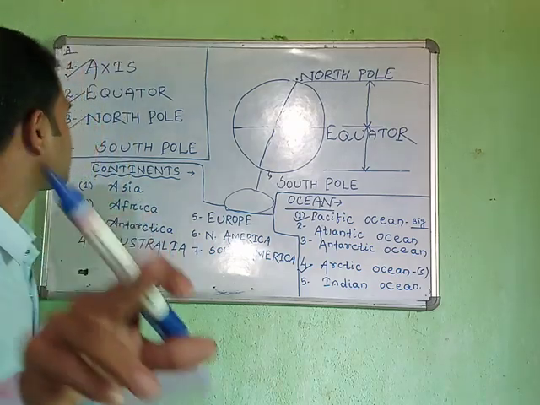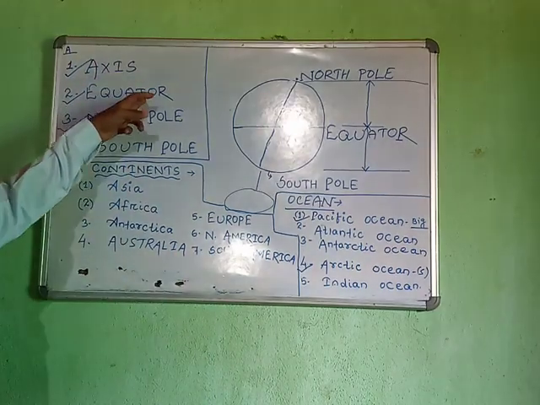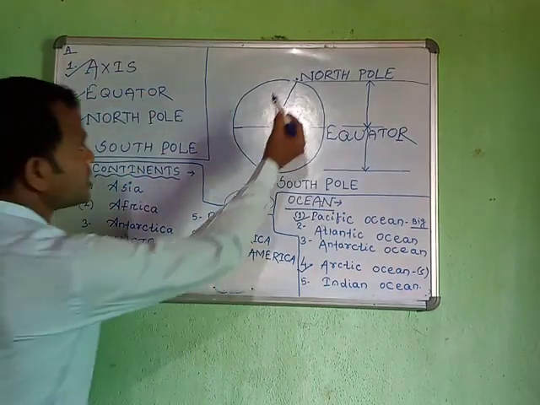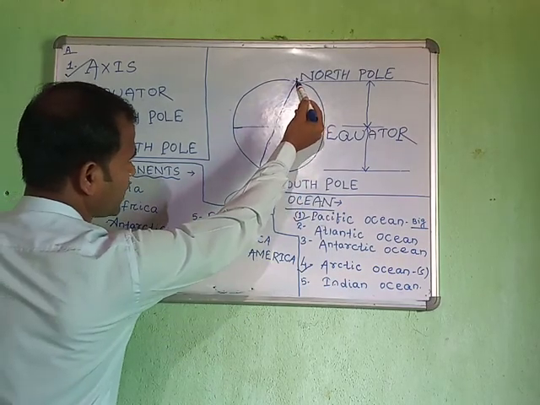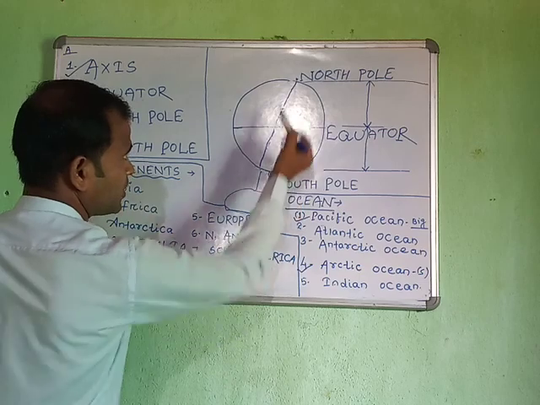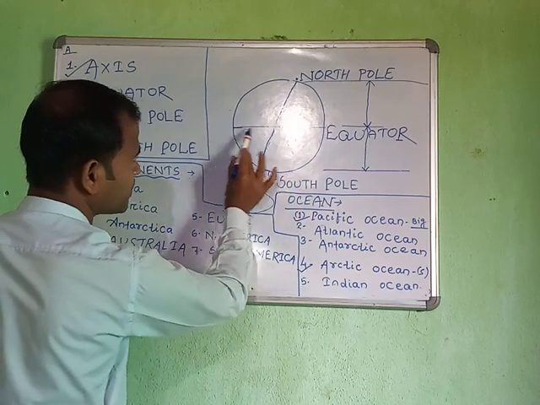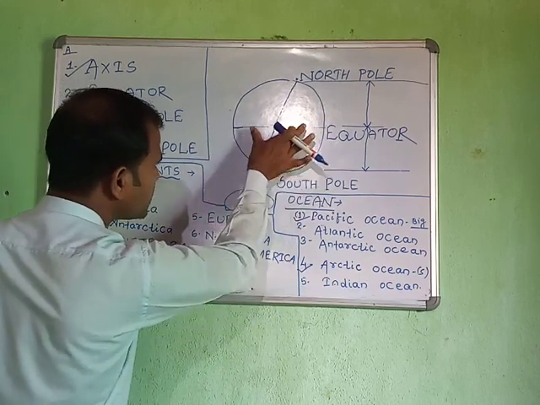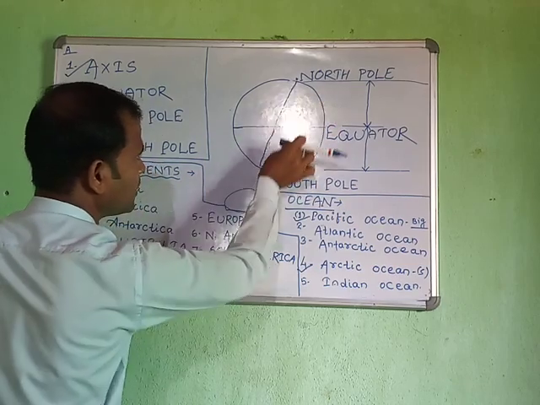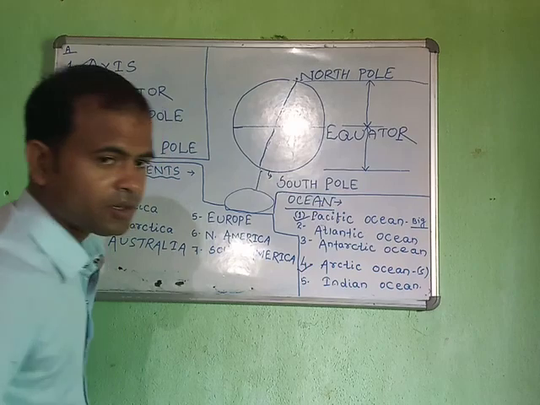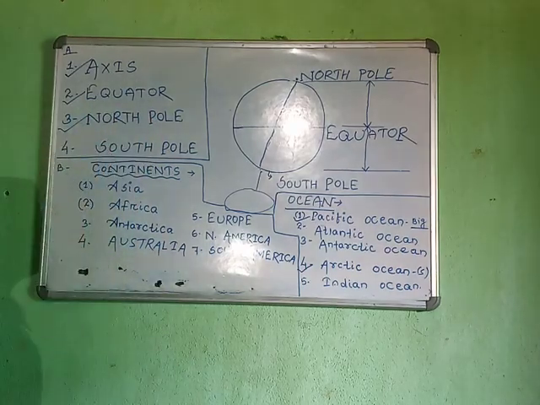Next, what is the meaning of North Pole? Listen, we have already discussed two things, axis and equator. This one is our axis, which connects the Earth's North Pole and South Pole. This one is equator, which divides the Earth into two equal halves. Now, what is North Pole?